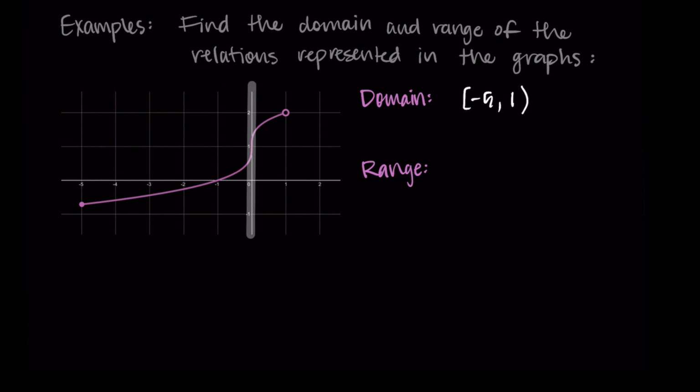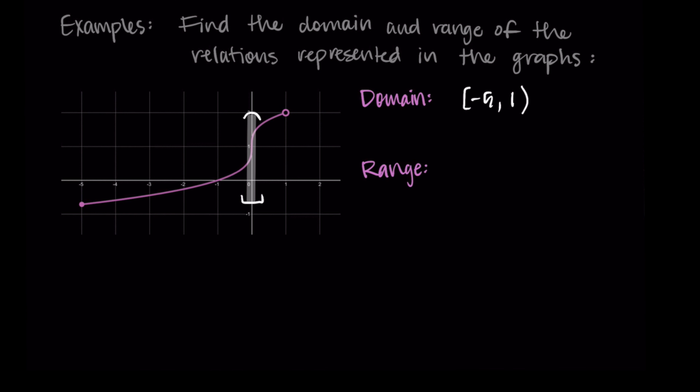Okay, let's repeat this for the range. We see on the y values reading from bottom to top, we don't have any points until we get to about -0.75. That's the first value where we have points on the graph. Then this continues all the way up until y equals 2, where we have that final location on our graph that corresponds to the point (1, 2), which is actually that hole or that open circle.